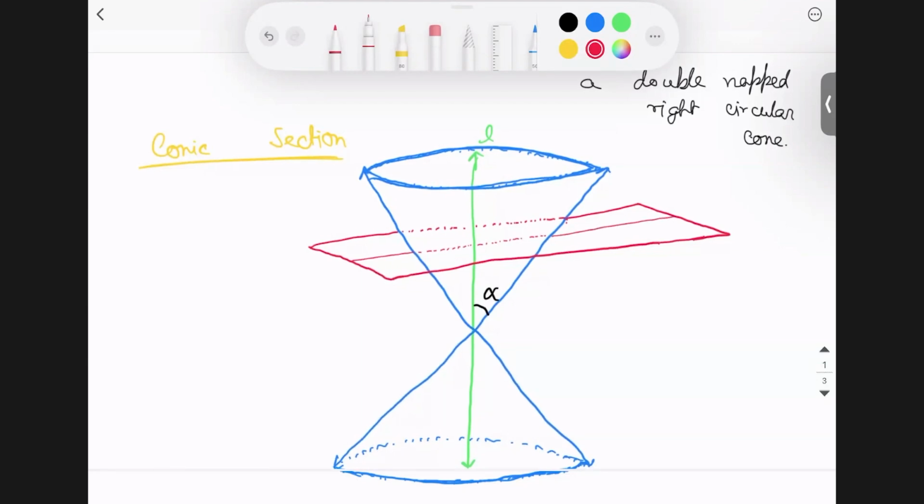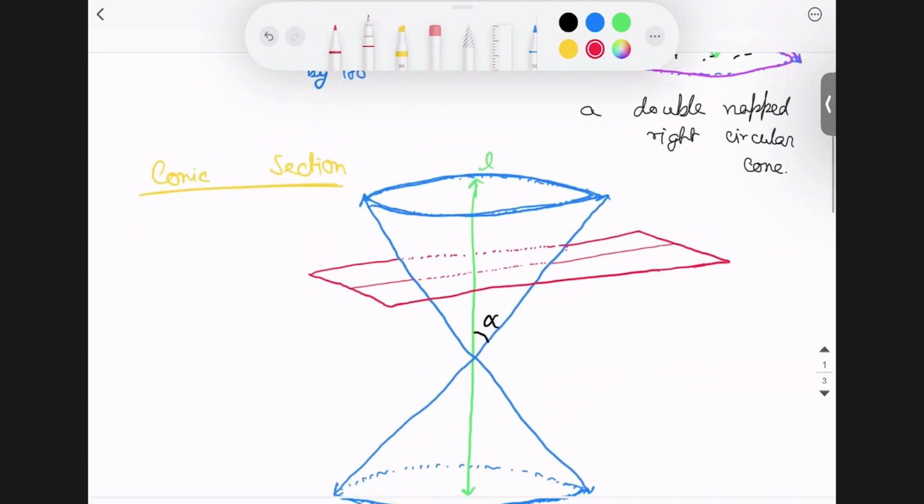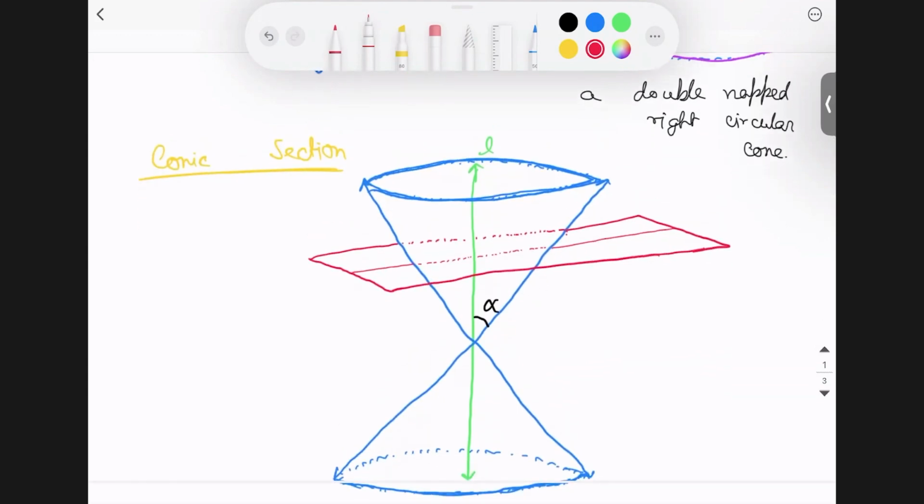So this is the line on the plane which passes through the axis of the cone.